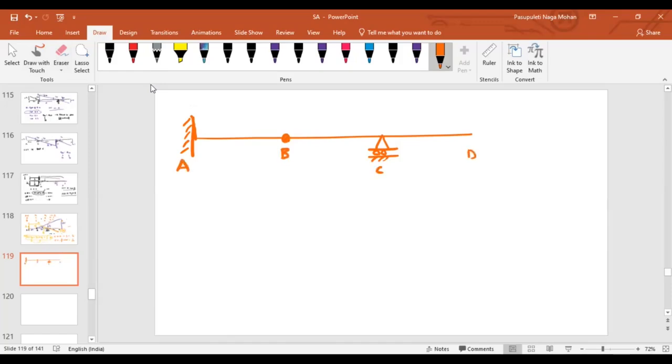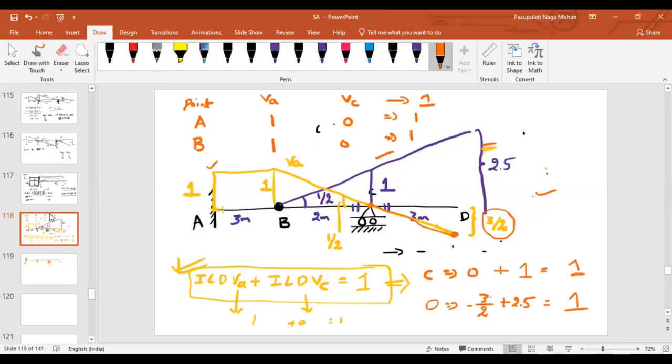Sir, I have a small doubt. Sir, ILD for VC. The shear force part is a bit confusing, sir. ILD for VC, in case the support at point A is a hinged support instead of a fixed support, how will the ILD shape become, sir?